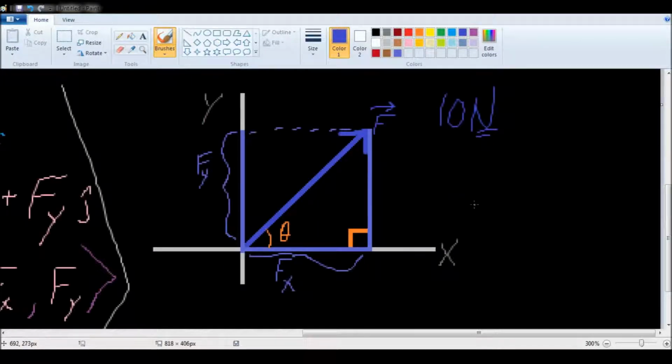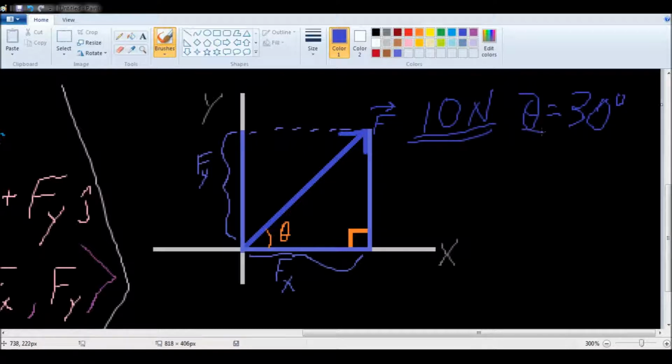This is the unit newtons. That is going to be your magnitude of F. And if they say 10 newtons at an angle of 30 degrees, they're giving you both a magnitude and a direction. So just keep that in mind. But let's say they give us the value of 10 newtons.